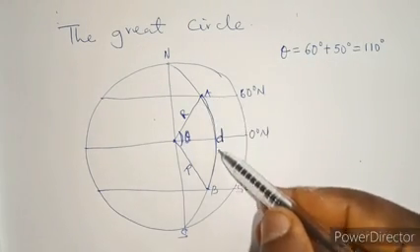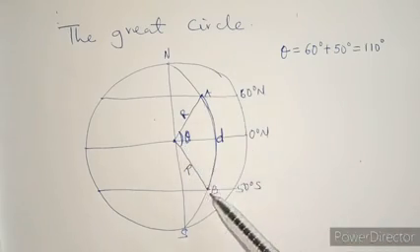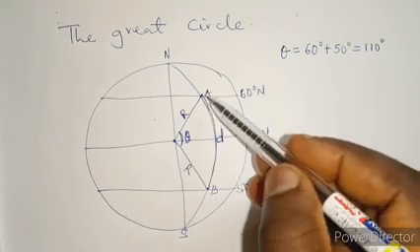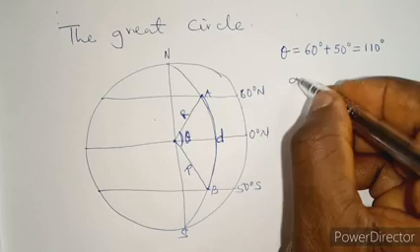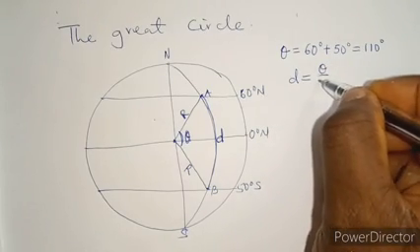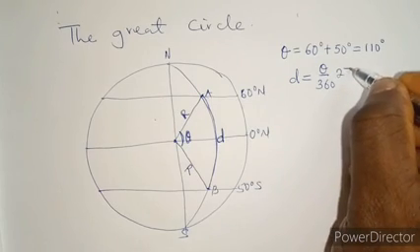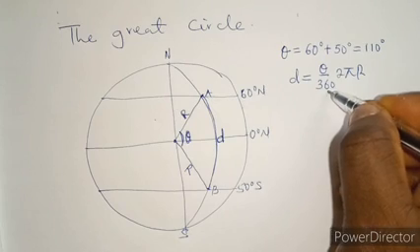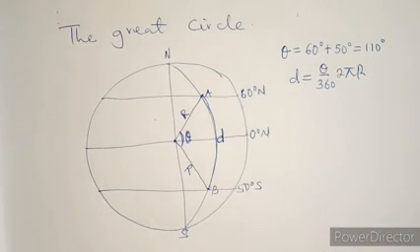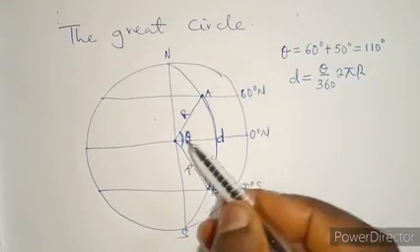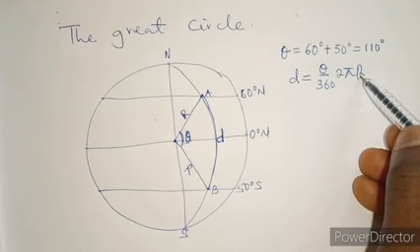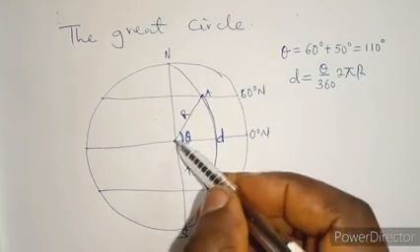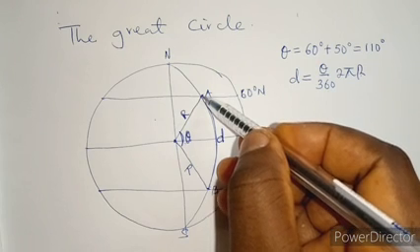Now I'm looking for this D, and if you look at this shape properly, you will discover that it is a sector. So the D I'm actually looking for is the length of the arc of this sector. So the D, we have the same formula as the length of the arc of a sector, which happens to be theta over 360 times 2 pi r. As simple as that. Where this theta is the angular difference and pi is 22 over 7, and the r here is the radius of the earth, which is approximately 6,400 kilometers.